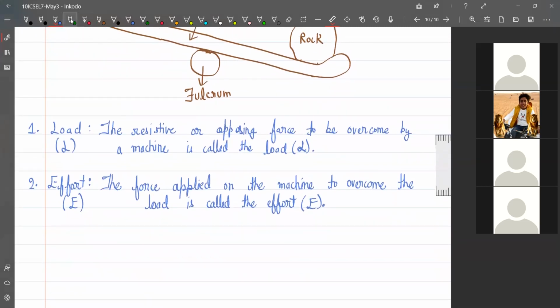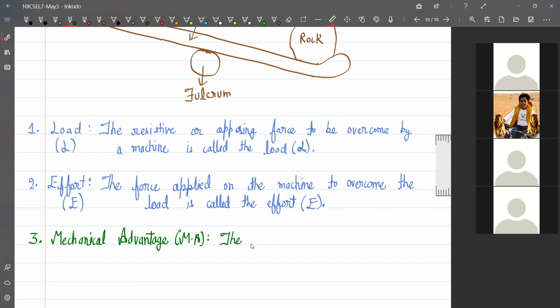Once we define load and effort, we can define mechanical advantage. Mechanical advantage is a technical term related to simple machines.